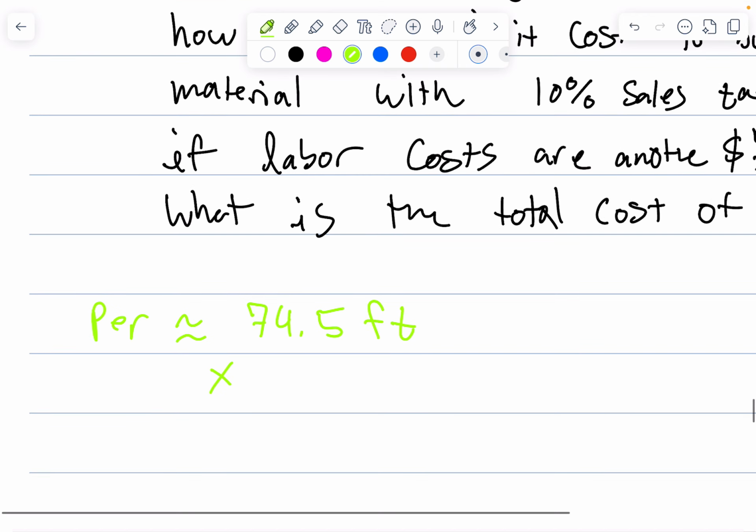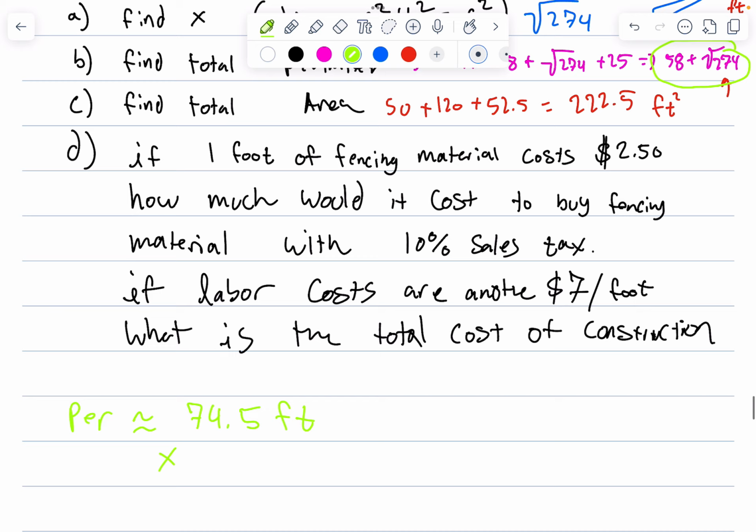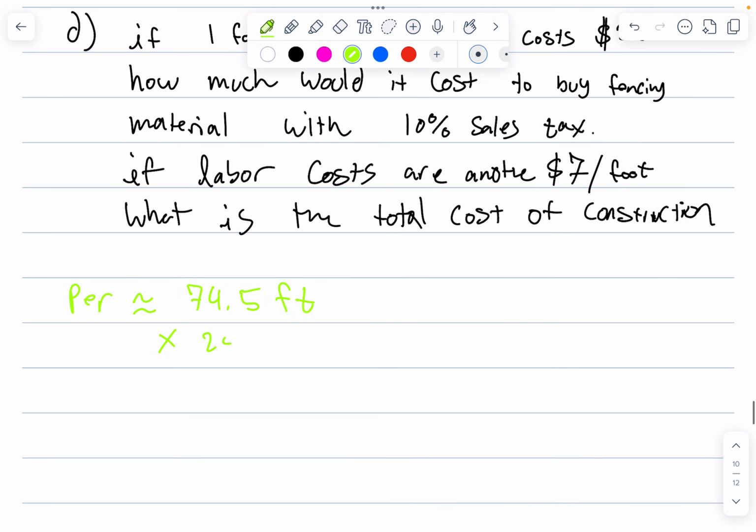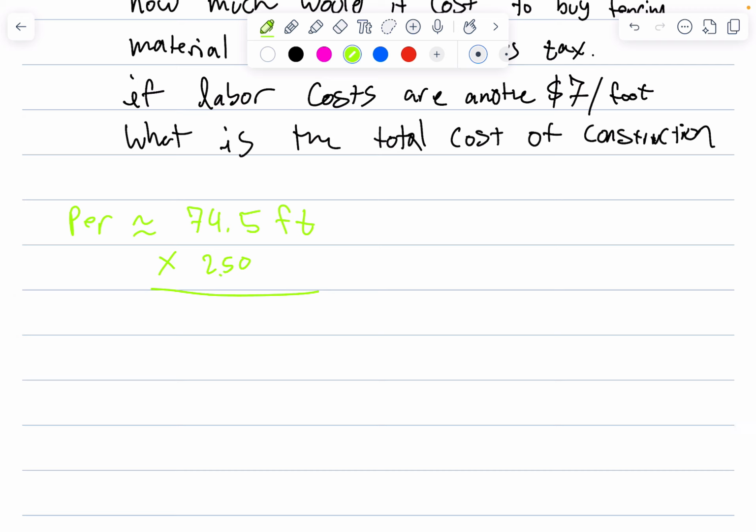So now we multiply this by 250, right? So 74.5 times 250, well, we can do this like this. 74.5 times, let's just do 2.5.